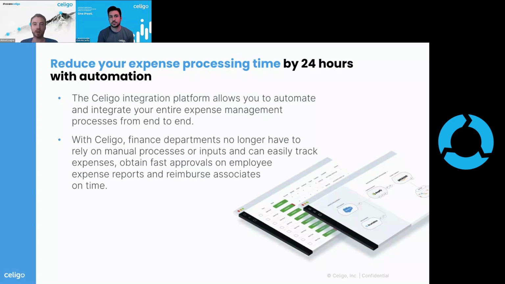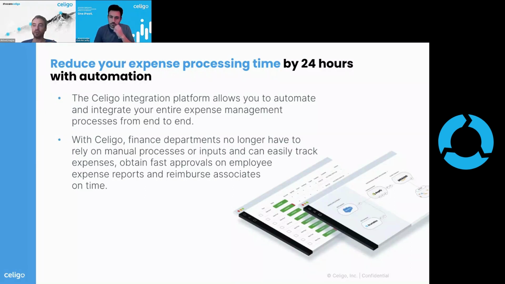We talked a lot about the different applications and data sources you need to pull from in order to have a full picture of where expenses are coming from, why they're coming from there, and what departments they're coming from. Celigo allows you to pull all of that data into one platform and have that single view of visibility.